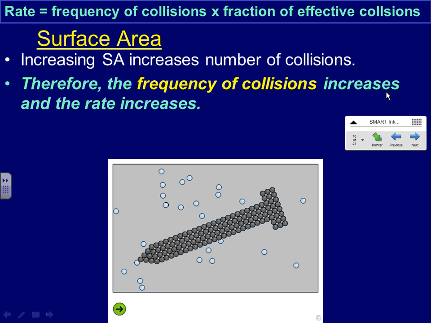So surface area is really like concentration. You're opening up reaction sites or sites for collision. So again, the argument is the same. There's more sites for collision, therefore the frequency of collisions increases, and it happens faster. So surface area, very much like concentration, factor 1 is what's being affected.